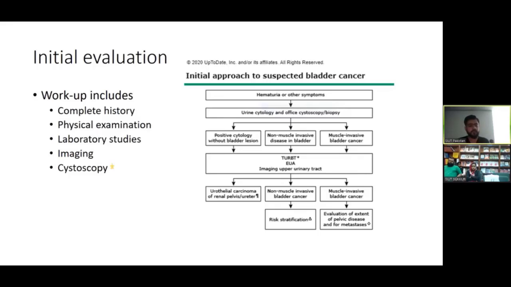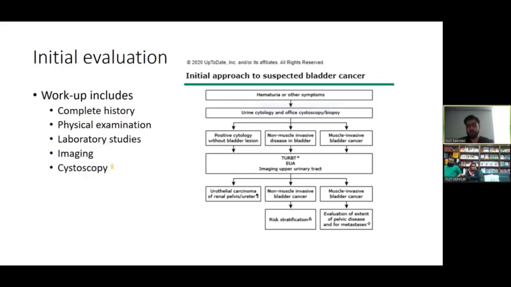A complete history in which we should focus on his living environment and his social habits. Is he smoking or is he not? And what other important points we can pick from his history is important. Physical examination, although it may be limited in non-muscle invasive bladder cancer, can tell various details of how the patient is developing the bladder cancer.